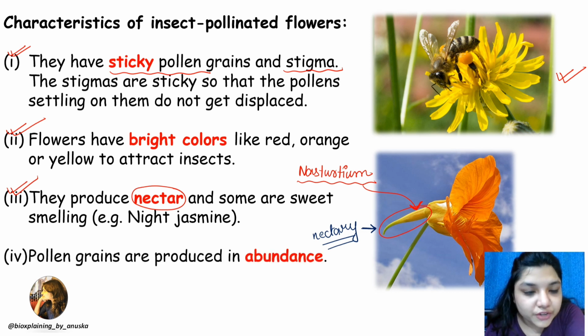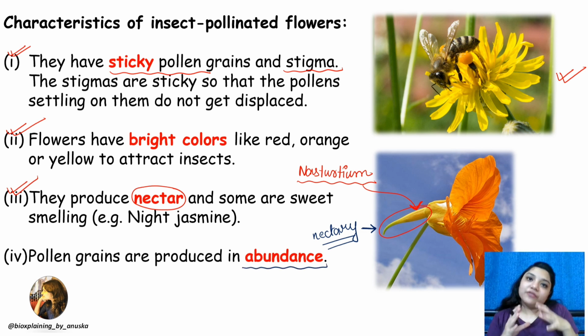And the last characteristic that we'll study is that the pollen grains are produced in abundance. You know, this is a general feature for most of the cross-pollinated flowers. Why? Because we do not have 100% surety of pollination in this kind. Why? Because the insects might go to some other flower of a different species.